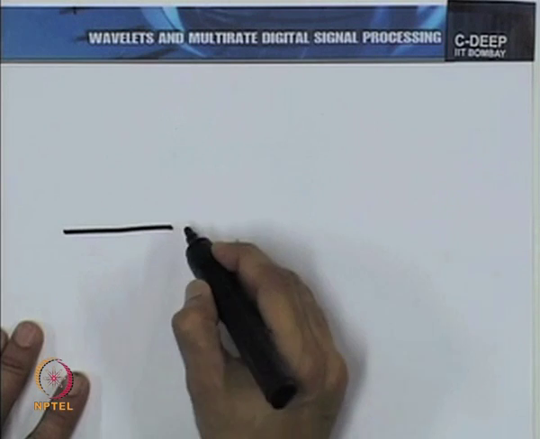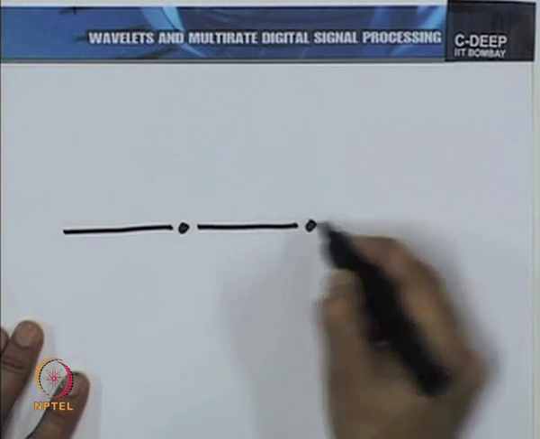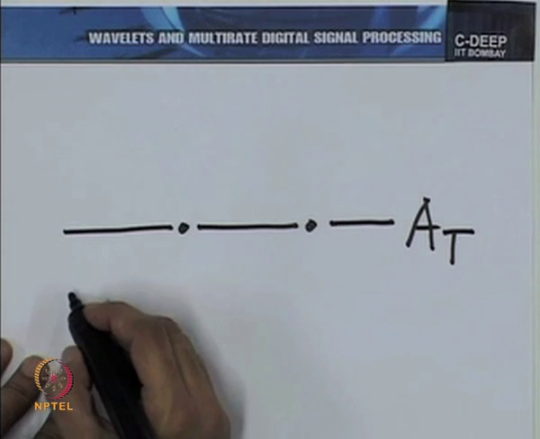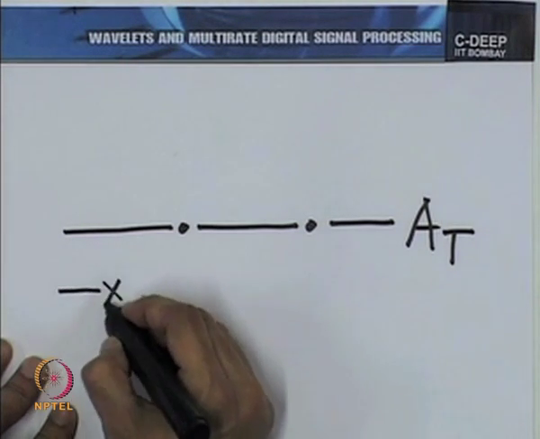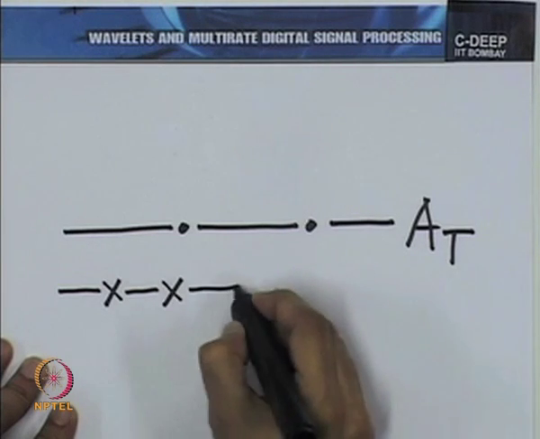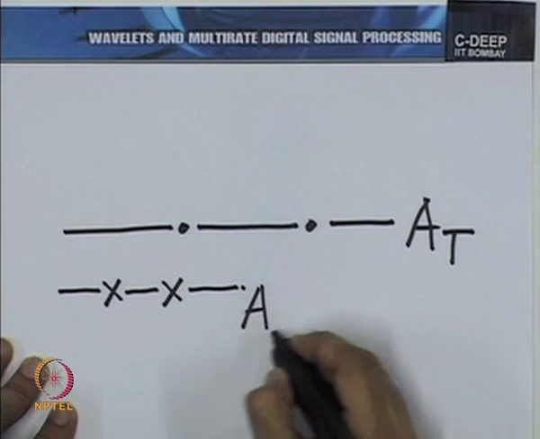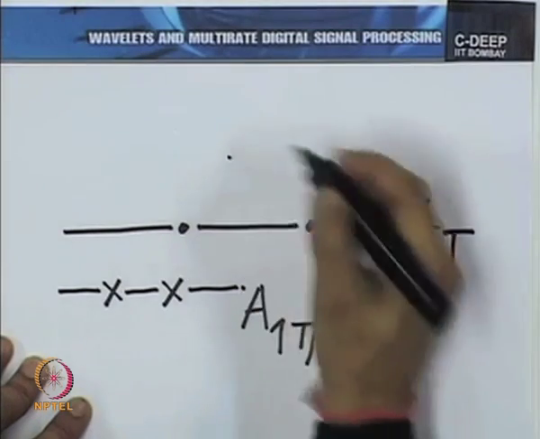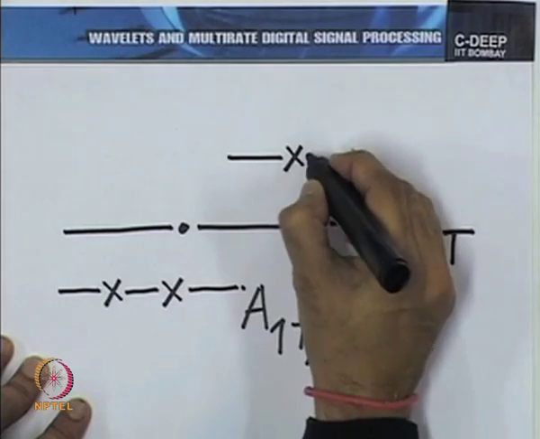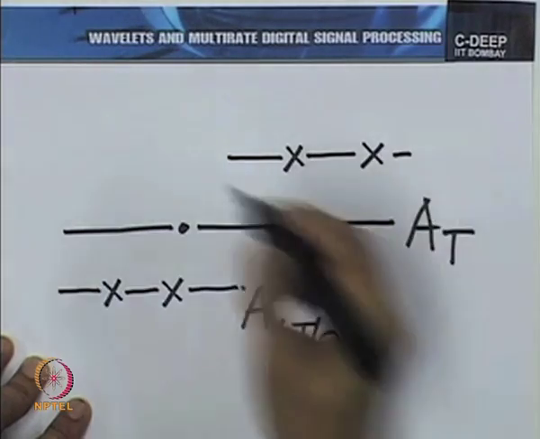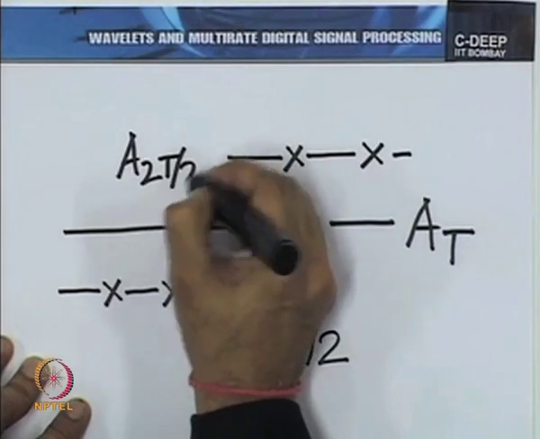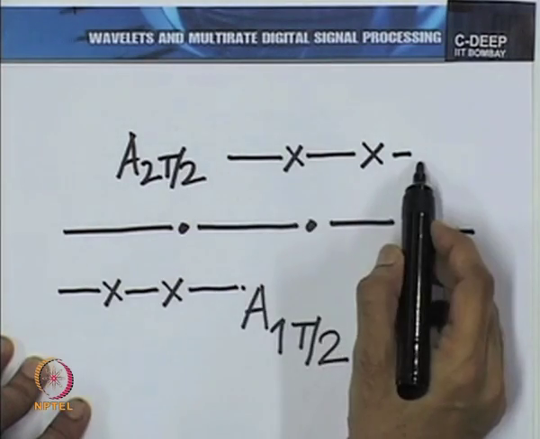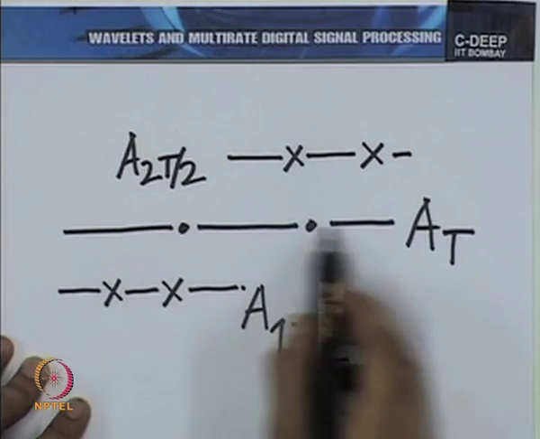I have this A t there, I have this A1 t by 2 here, and I have this A2 t by 2 there, and we are saying this plus this by 2 gives you this.